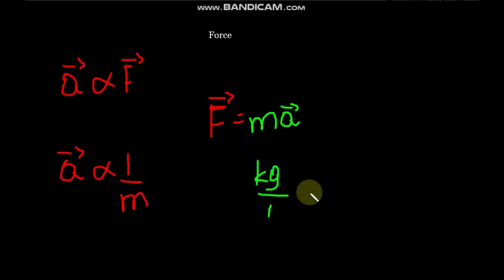So let me tell you about the calculations, but before that I must tell you the formula of force. So force is equal to mass times acceleration. If you want to know force's SI units, you can simply multiply them. The SI unit of mass is kilograms over 1, times meter per second square.